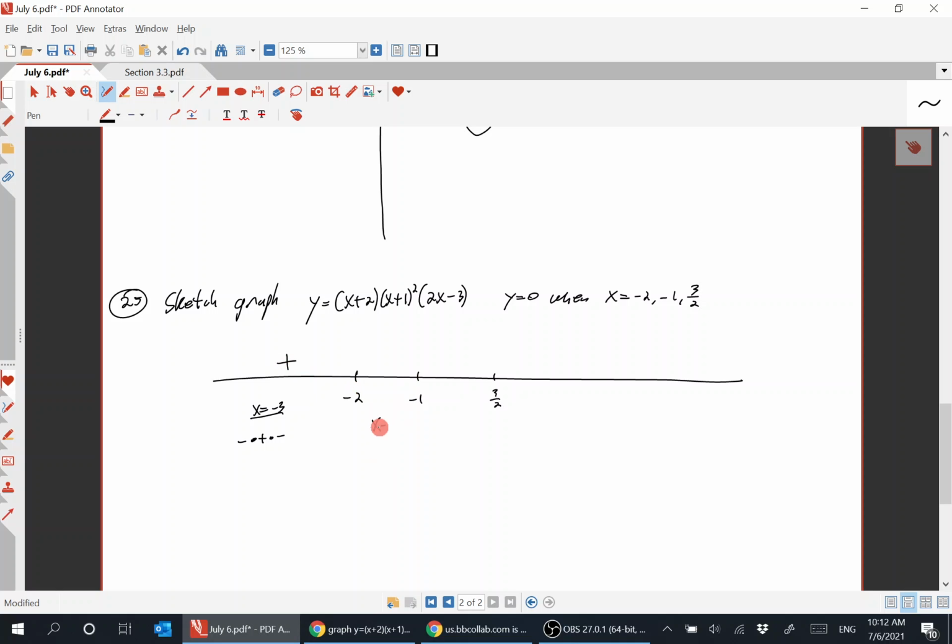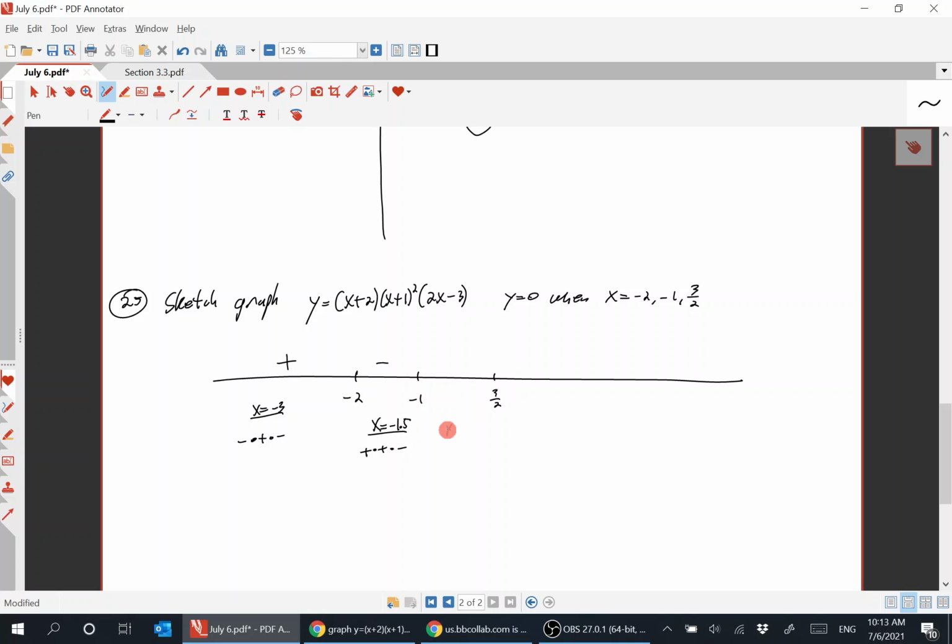Between here and here, x equal to negative 1.5, x plus 2, so negative 1.5 is positive. Positive 0.5 squared is positive. And here, plugging in negative 1, that one is negative. So positive times negative is negative.